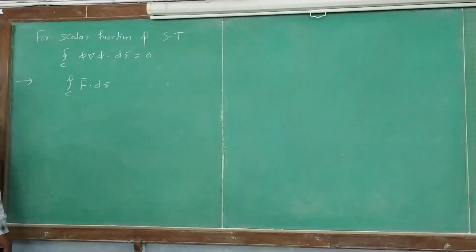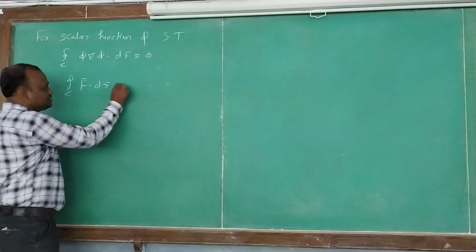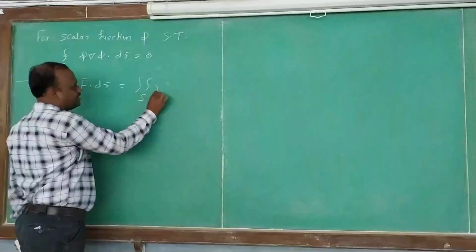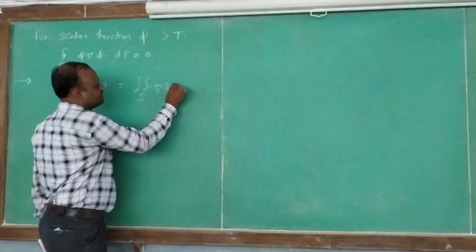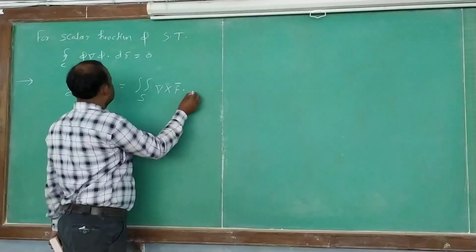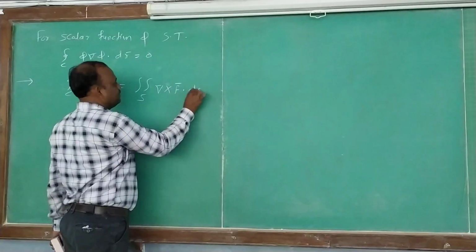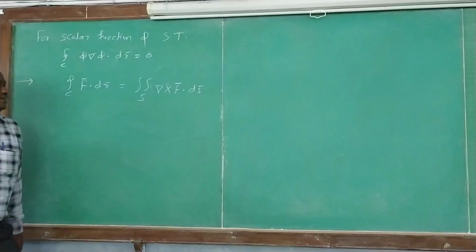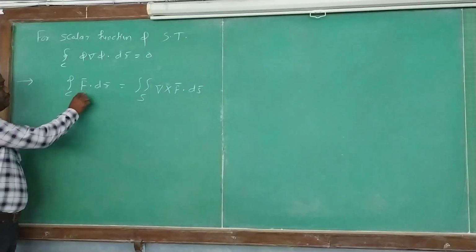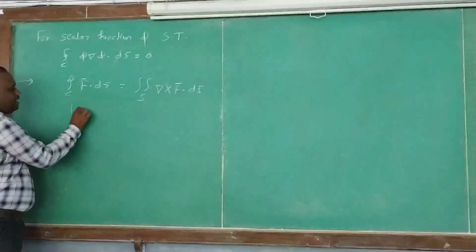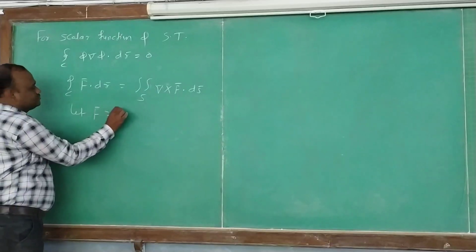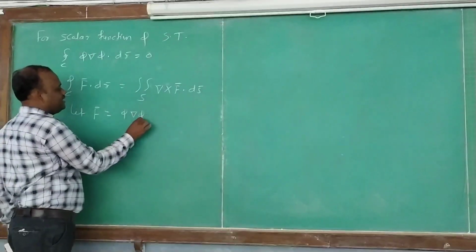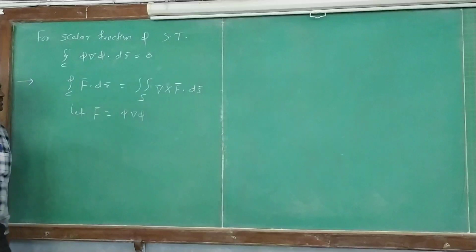What is closed integral over C of f bar dot dr bar using Stokes theorem? This is double integral over S of del cross f bar dot ds bar, or del cross f bar dot n cap into ds. So comparing this, f bar is phi del phi. Here phi is a scalar, del phi is a vector.